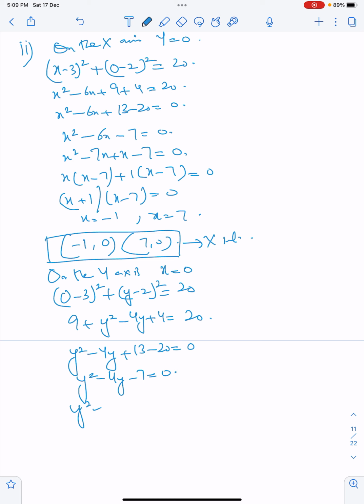Okay, so now I will get decimal points because you can't break the middle term here. The prime factorization of 7 is 7 and 1, and you can't break it into 4 and something.